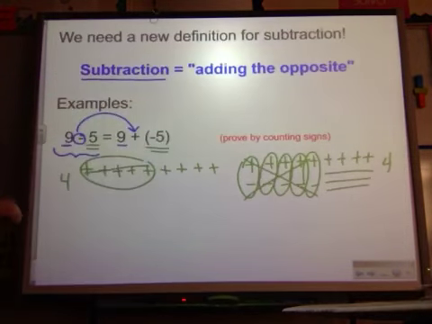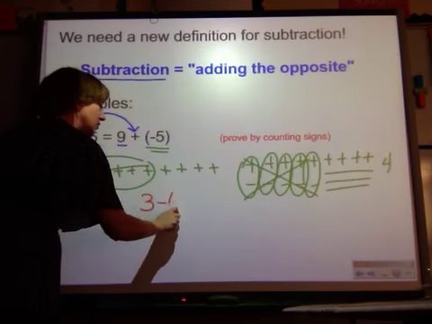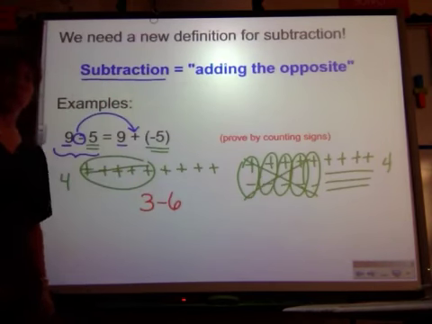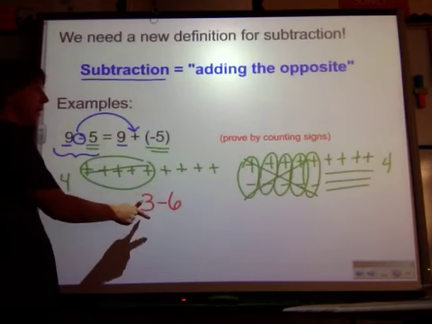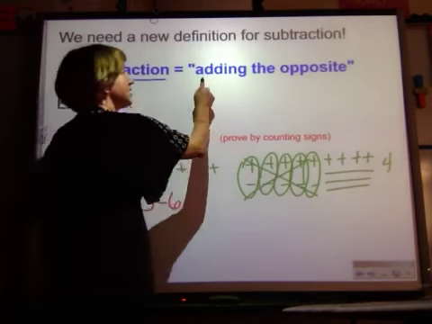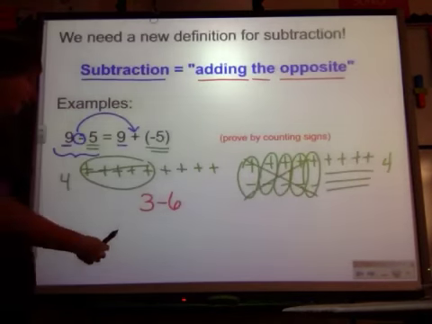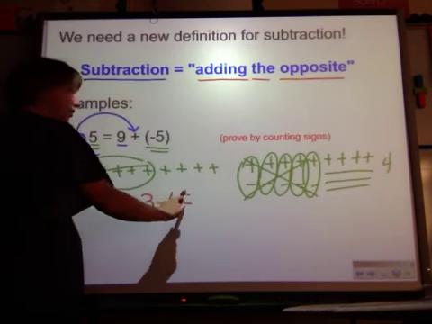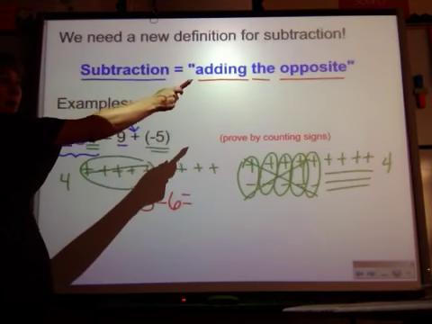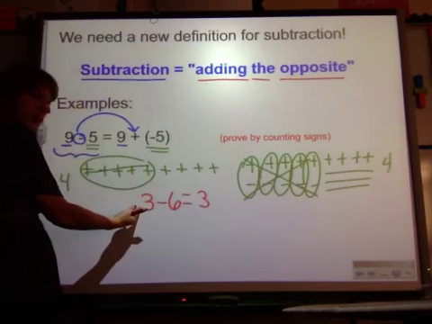So going back to the original problem that we were having trouble with, we said 3 subtract 6 on the first page. We said, hey, we can't do that. We can't subtract 6 from 3. But if we use our new definition, adding the opposite, that gives me a way to work the problem. So I'm going to change 3 subtract 6 into our adding the opposite format. I'm going to take the 3, as it originally was.